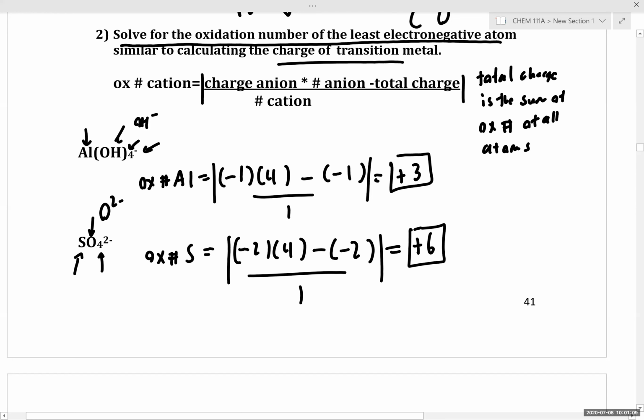Does this make sense to everyone so far? The equations are exactly identical to the equations we discussed all the way back in chapter 3. Any questions on this idea so far?